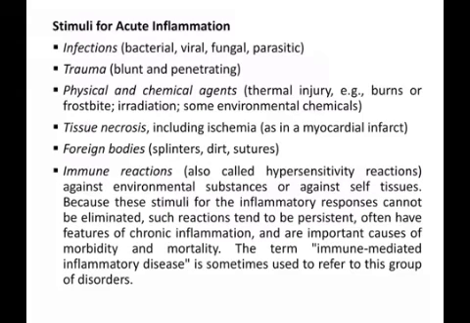So basically, acute inflammation is started by any kind of infections such as bacterial, viral, fungal, or parasitic infections. And if any trauma occurs, such as any splinter getting into our body, or anything getting penetrated into our body, or a small wound, or any kind of physical injury, or any kind of chemical injury, or in case of thermal injury also, such as burns or tick bites or irradiation.